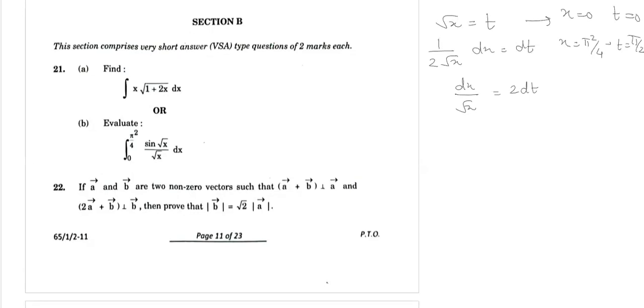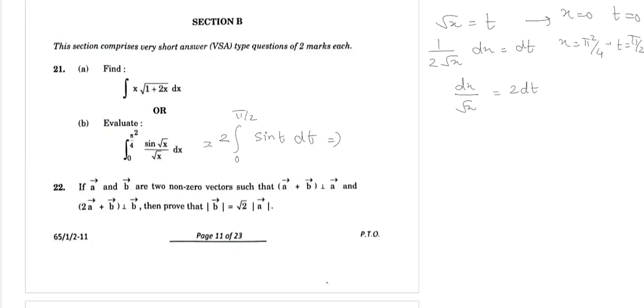So your limit changes, and the integration changes to limit 0 to pi by 2, sine t, and dx upon root x will be 2 dt. So 2 we will write at front and this is dt.